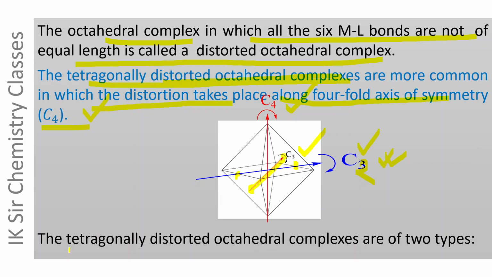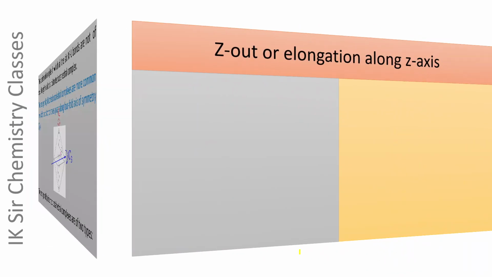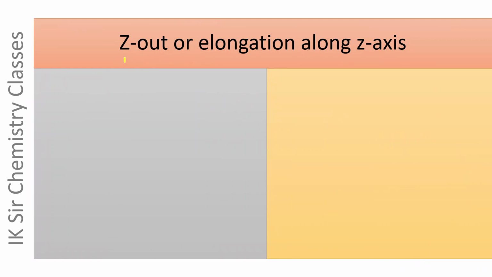The tetragonally distorted octahedral complexes are of two types. Let us see. Jahn-out or elongation along the Z axis.